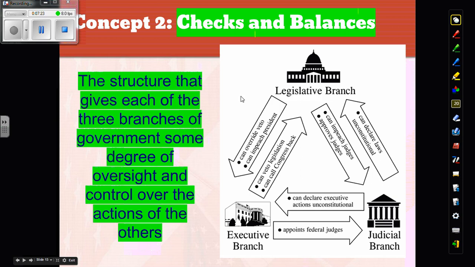So checks and balances is defined as a structure that gives each of the branches some kind of degree of oversight or control. A lot of times you'll hear keywords like veto. The president can veto legislation, and the legislature can override vetoes.